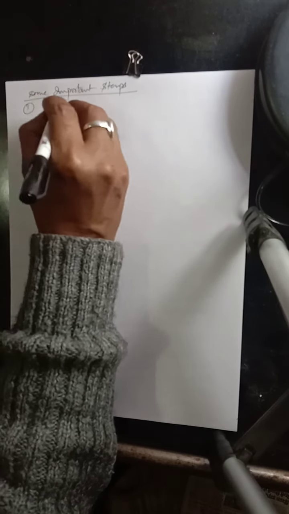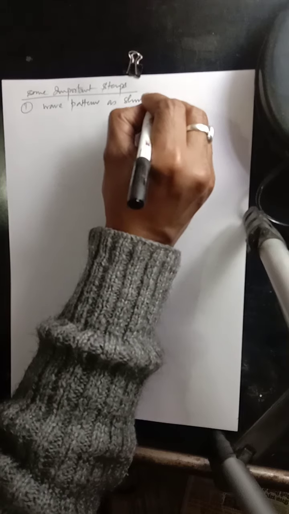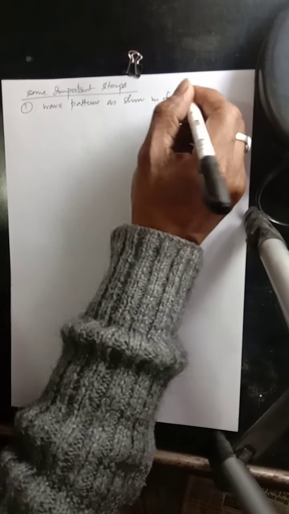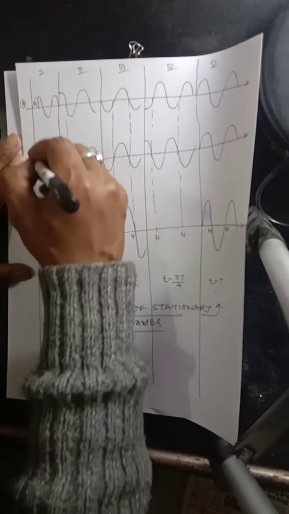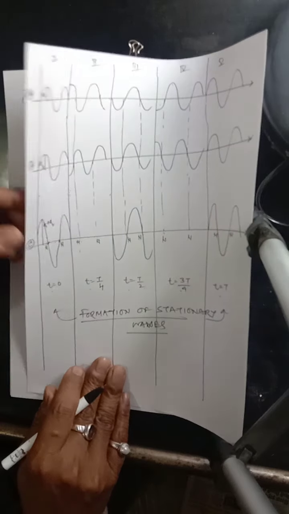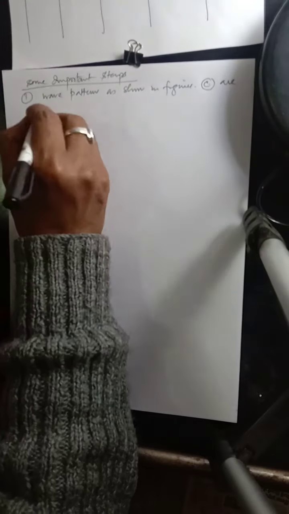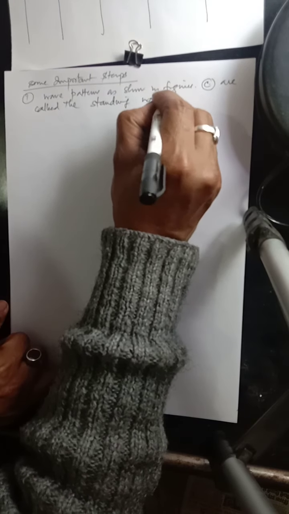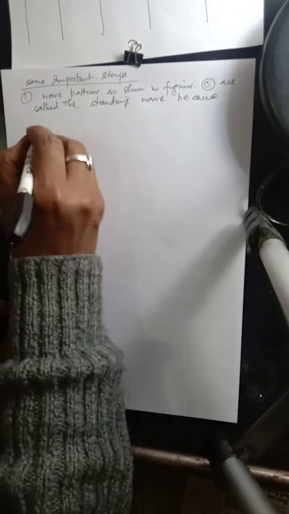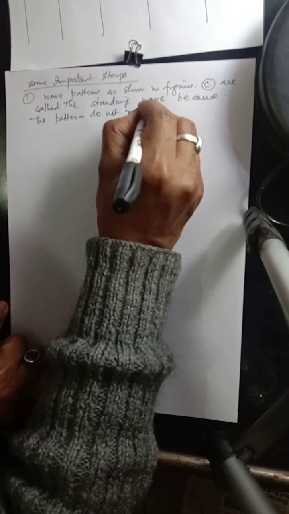The wave pattern as shown in the figure, this is A, this is B, and this is C. Figure C is called the standing waves because the pattern does not move.